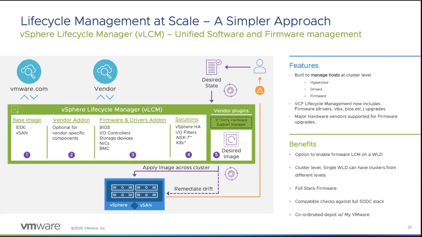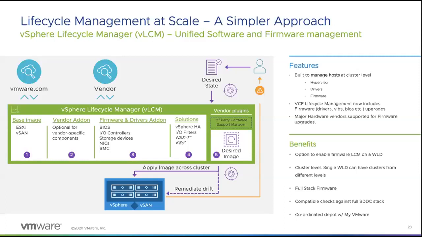The way it works, let's say right now we have, as of 4.0, integration with certain servers from HP and certain servers from Dell. Each of these vendors has their plugin. They are the ones who create this plugin, and they have the framework for all their firmware and driver updates.